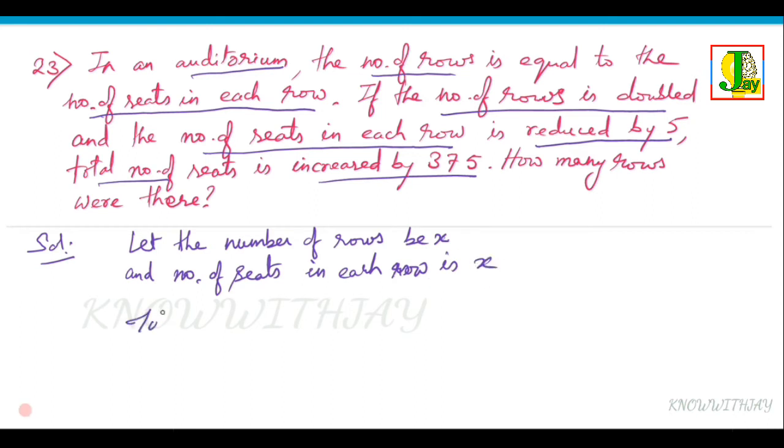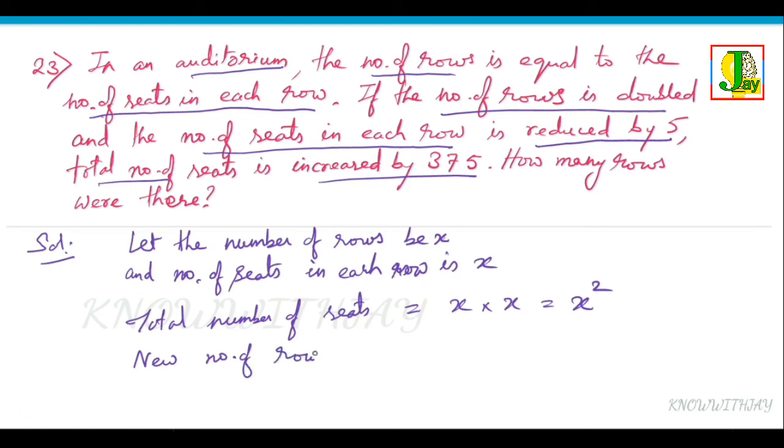So the total number of seats is equal to x into x, that's x squared. Now according to the given condition, we have a new number of rows equal to 2 times the original one, so that's 2x.